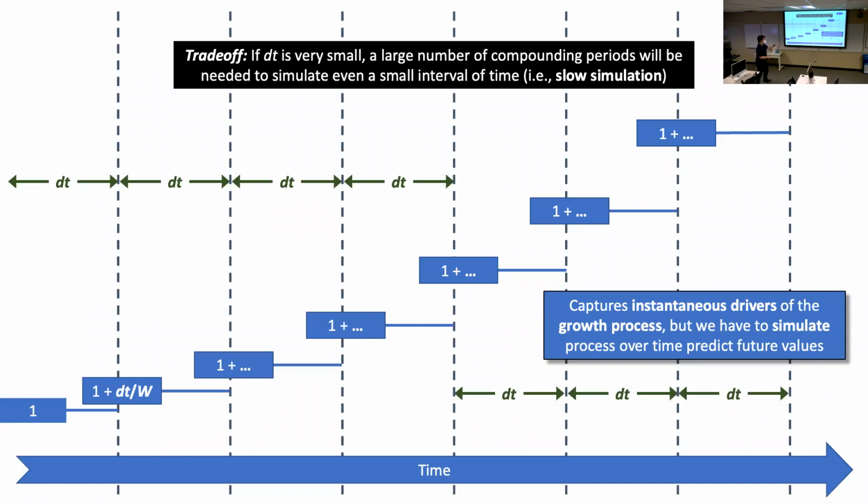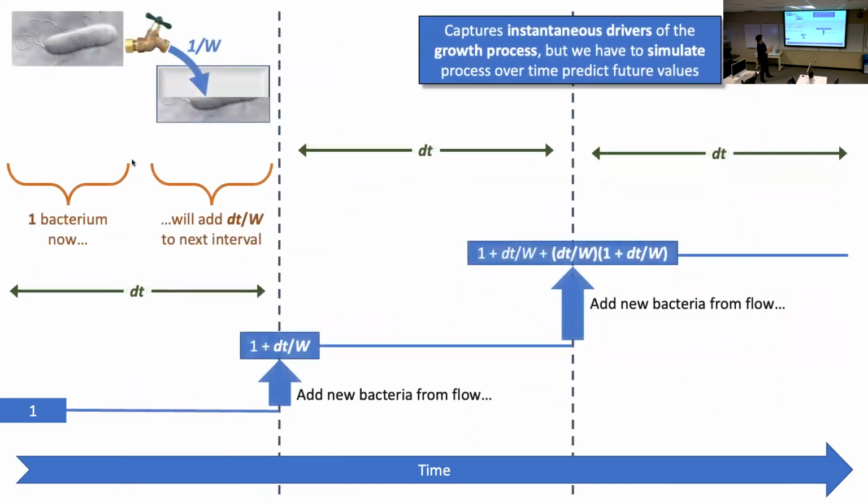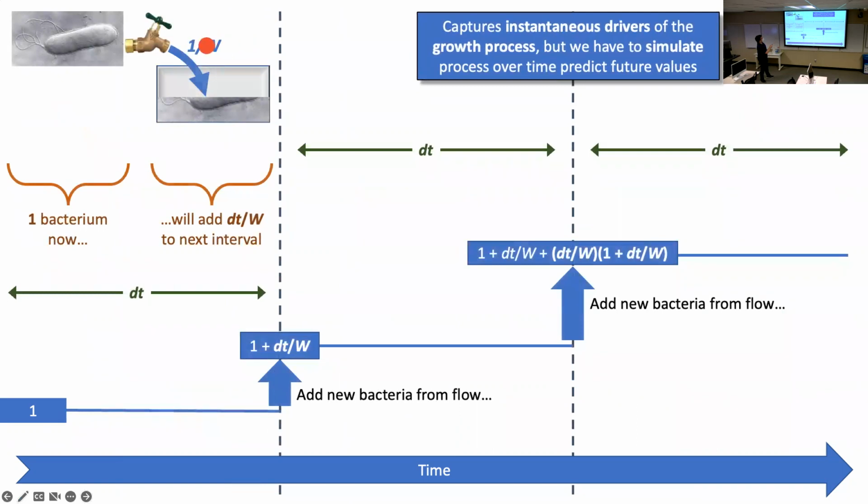Well, the dt is what I'm saying is the milliseconds. The w is the waiting time between events. And so you can think of the 1 over w as a rate of new, how many new bacteria are generated per bacteria. We're saying there's one bacteria generated per w time.